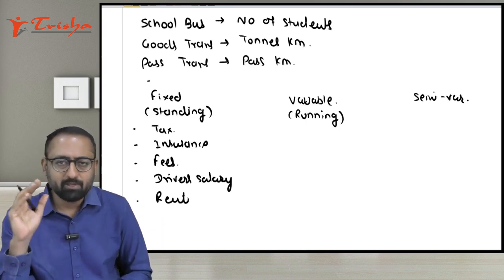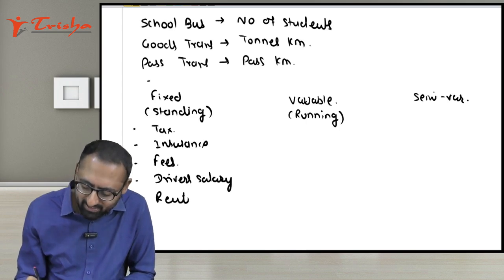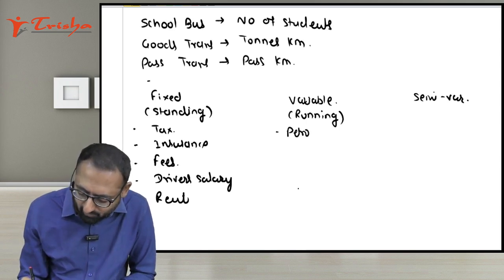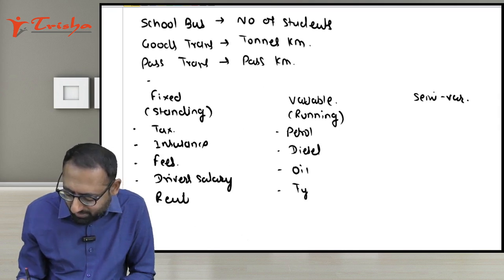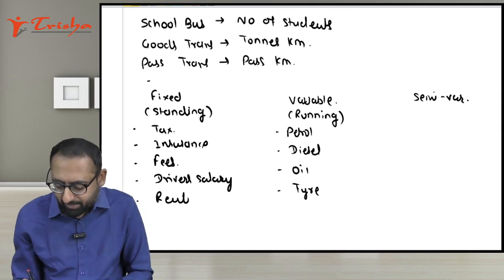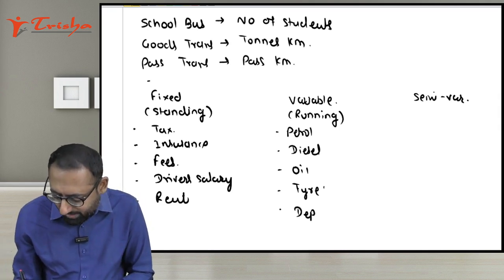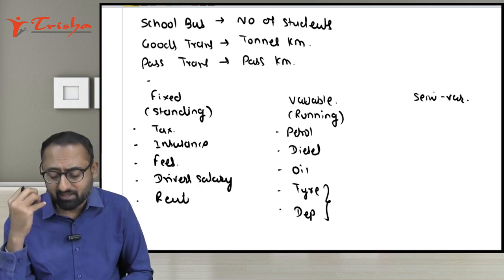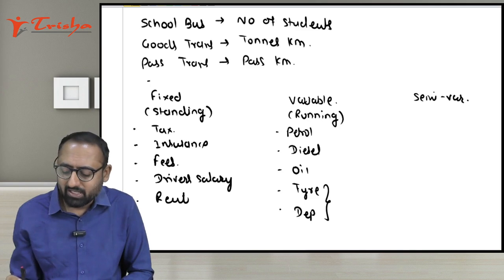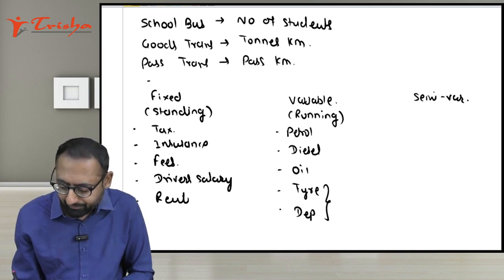In case of variable expenses: petrol expenses, diesel expenses, oil, tire, depreciation. Guys, these tire expenses and depreciation expenses will be covered in the variable, that is running expenses, only if they are dependent on kilometer.